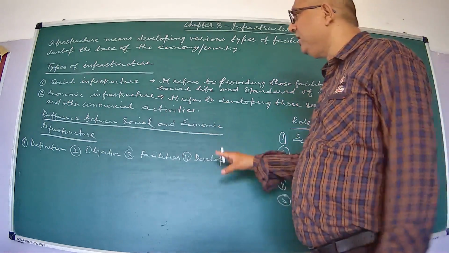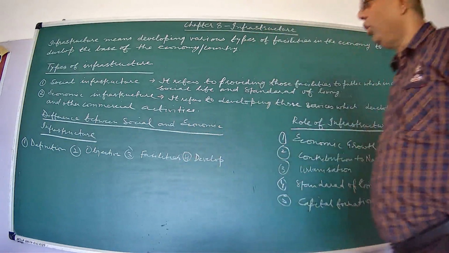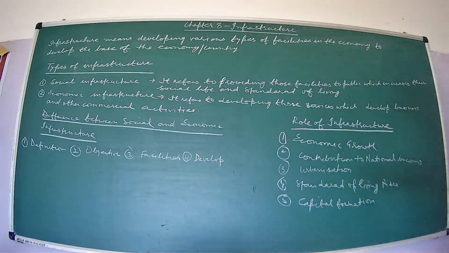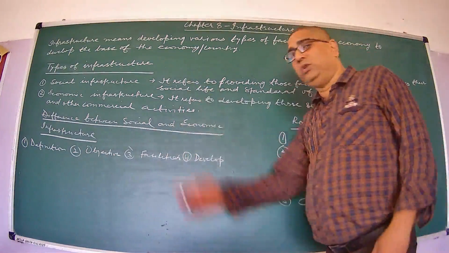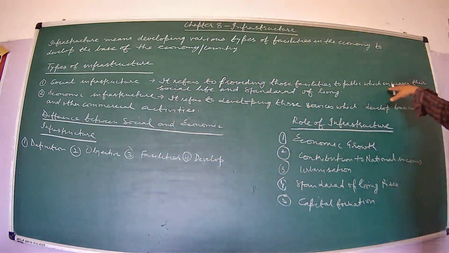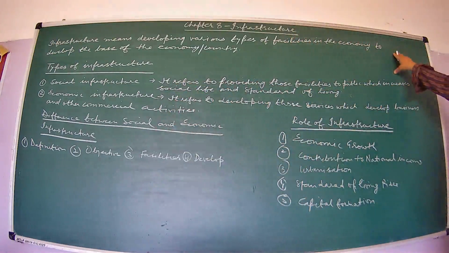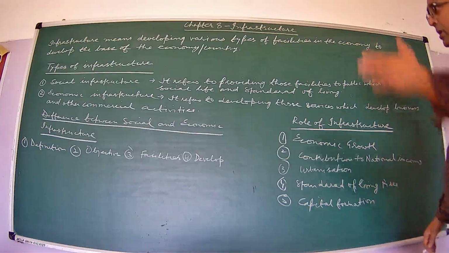The next part is the difference between social and economic infrastructure. Social infrastructure and economic infrastructure are totally different. First we can differentiate on the basis of their definition. One is related with the development of facilities for the public, to make their life easy and to raise their standard of living.